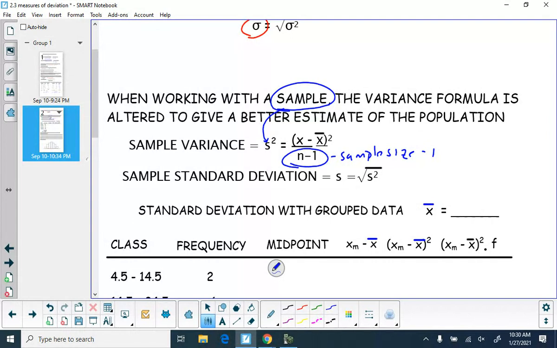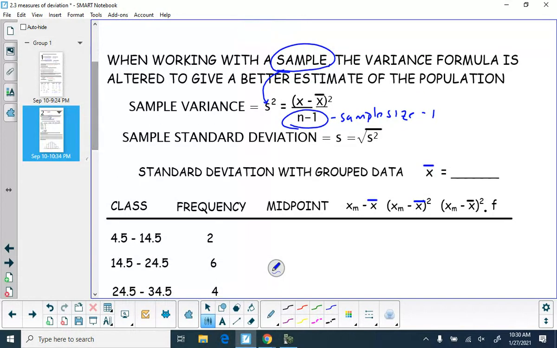Statistically, they say this gives a better estimate of the population standard deviation. But everything else on top is still the same.